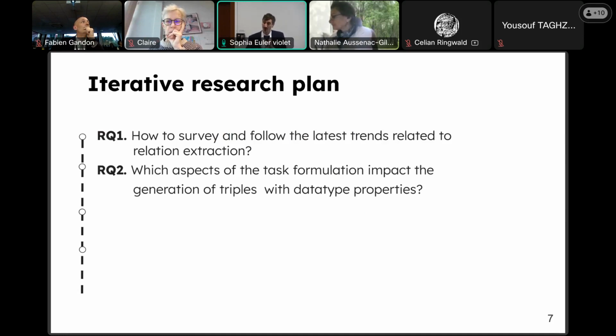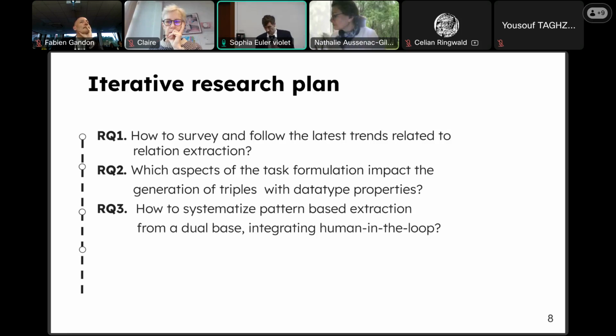In a second step, we addressed the question of what the best task formulation was to extract relations, focusing only on data type properties.